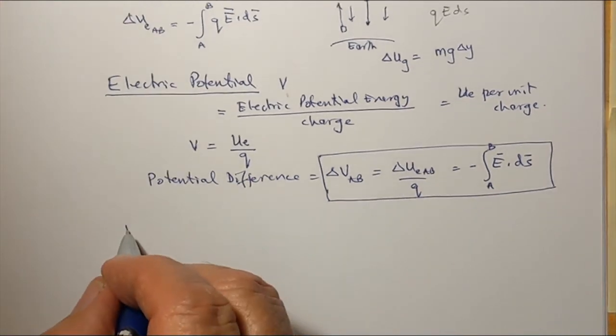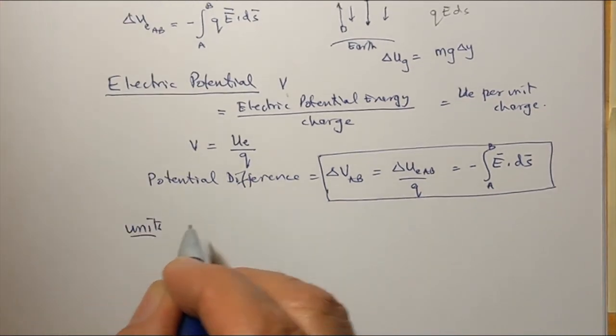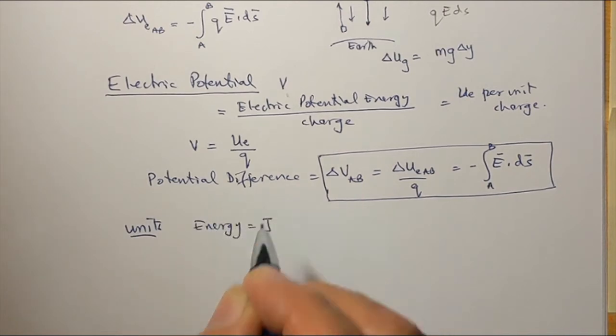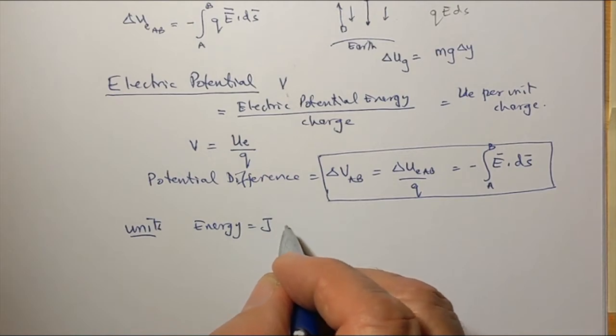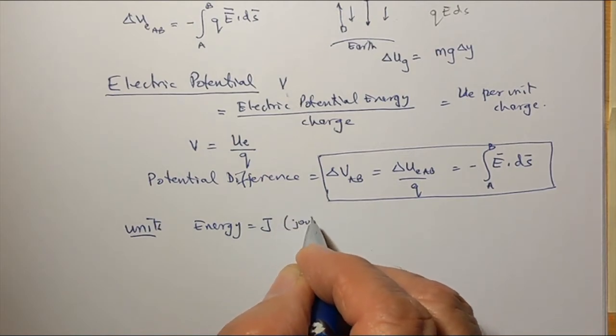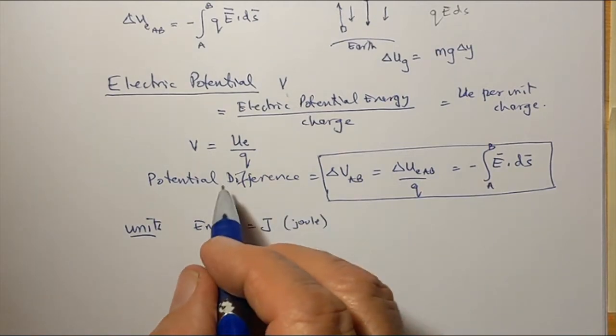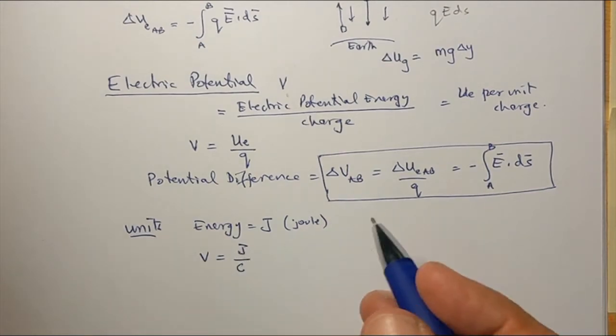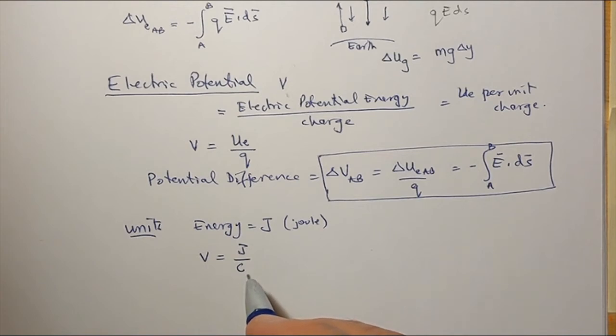Now the units of energy are always joules. So that's a joule. And therefore the unit for potential will be joule over coulomb. So potential is a joule per coulomb, and similarly the potential difference is a joule per coulomb. And this is called a volt.